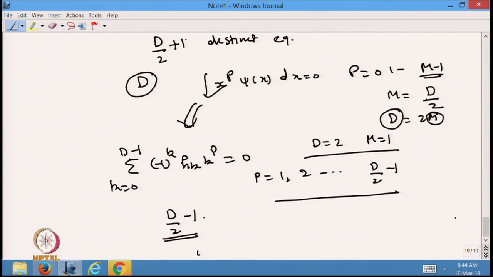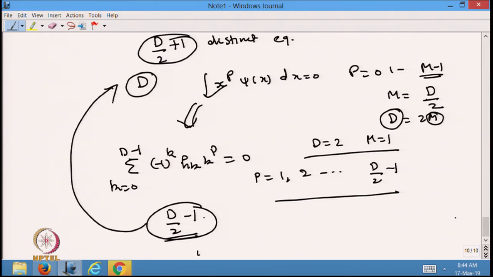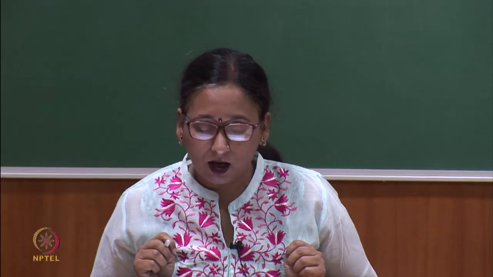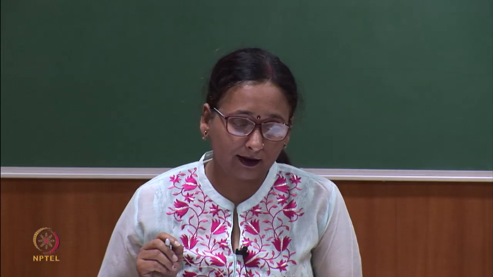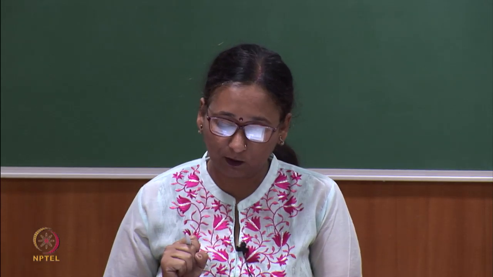If you add this term and this term, you end up with these many equations. That was the goal, because to have a uniquely solvable system, I should have the same number of linear equations as unknowns, which all of us already know from a numerical analysis course, or you could say a linear algebra course.